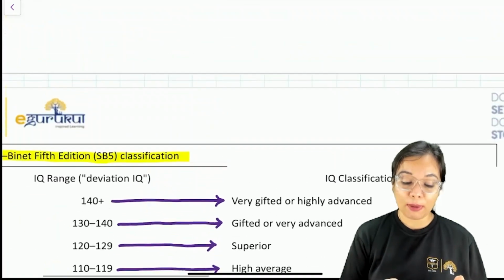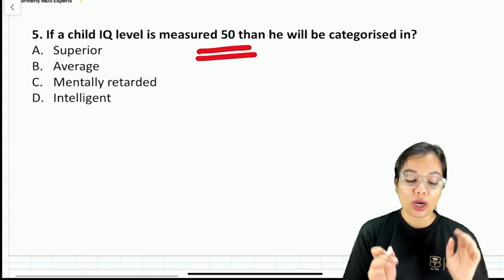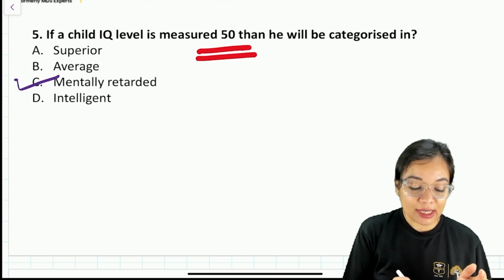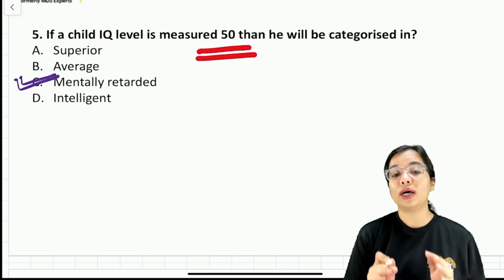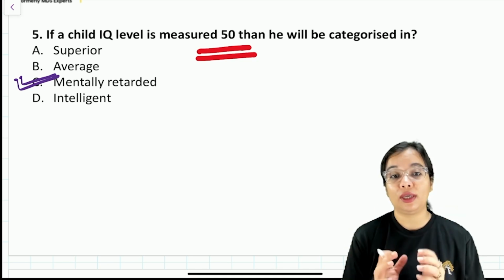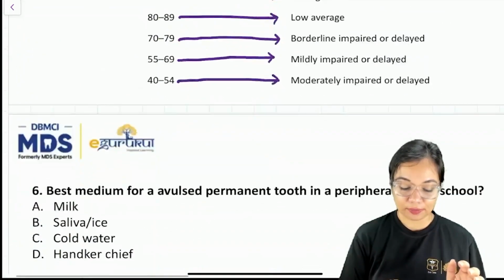So we are talking about a child whose IQ is 50, so 100% the child will be categorized as a mentally challenged or mentally retarded child, somebody who has a very low or moderately impaired IQ. So the answer here is C, that is mentally retarded.